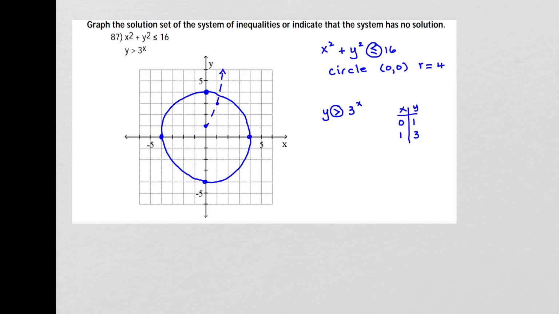And we know this is a curve. And it approaches a horizontal asymptote. So we also have a horizontal asymptote here. Okay. Now we want to look at where we would shade.